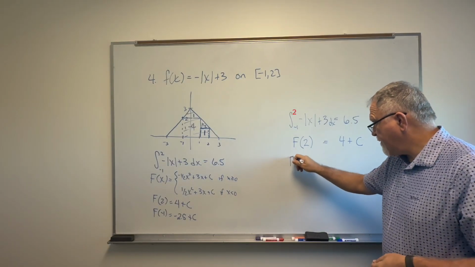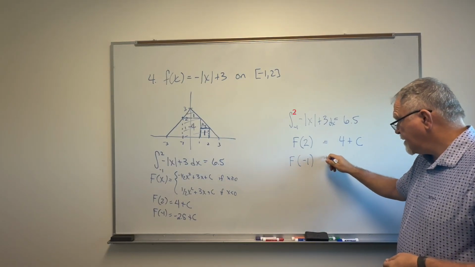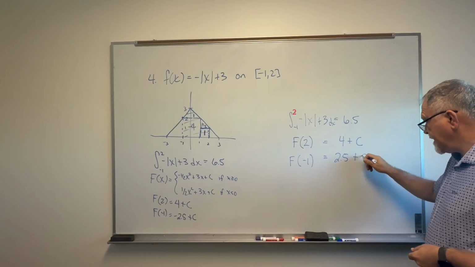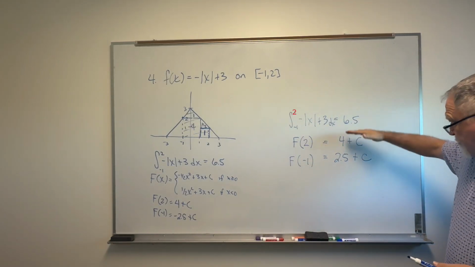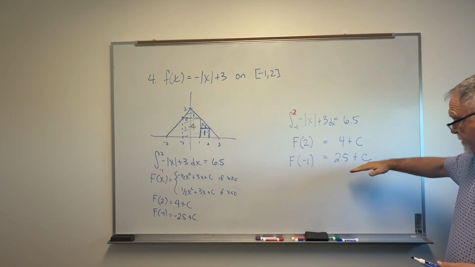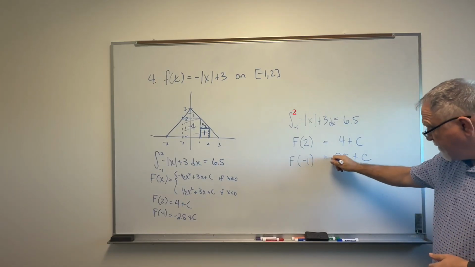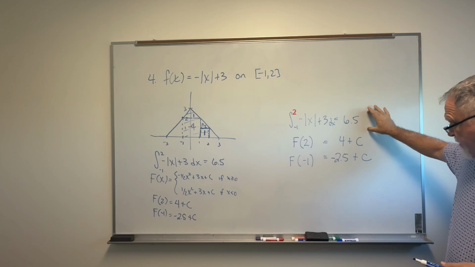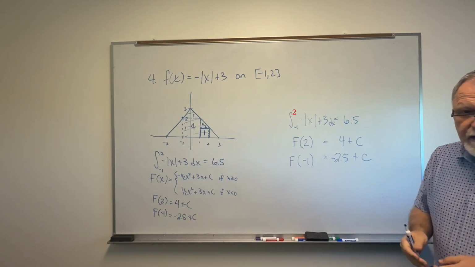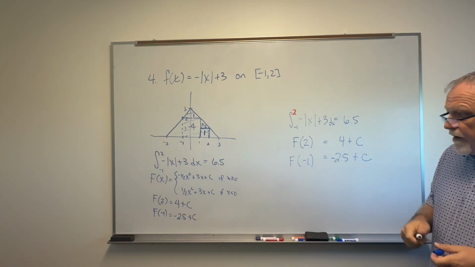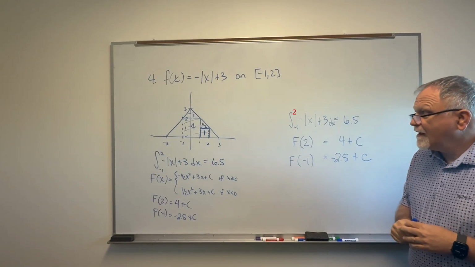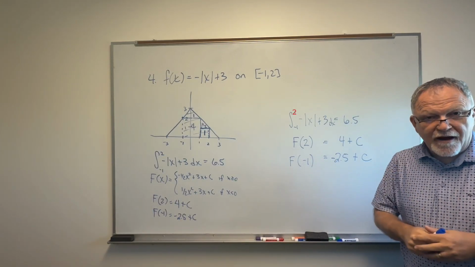And I've got big F of -1 is equal to 2.5 plus that same constant. And again, I'm supposed to try to figure out the relationship. Oh, and that's a negative. Thank you. The relationship between these and this value here. So we're looking for a pattern across all of these problems to try to figure out that relationship. All right, hopefully that one made sense for you. With that, I turn you loose to work on the activities.